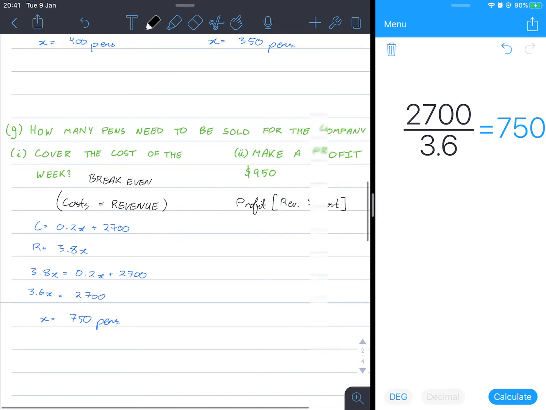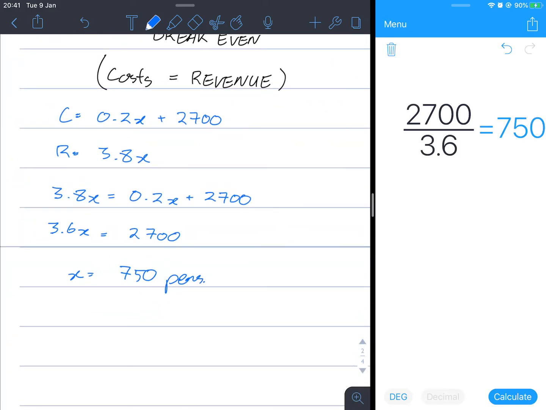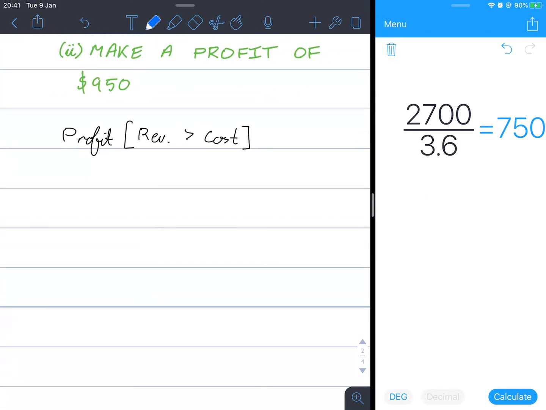Well, if you consider this at 750 pens, we will break even. So this is when cost equals revenue. We just need to now figure out how to make $950 more. So if I take my revenue and let that equal 950, we can get this equation.